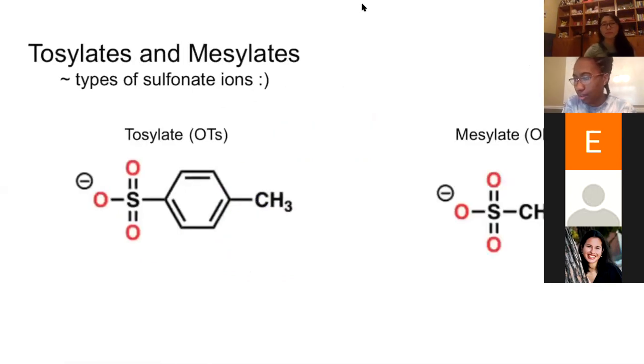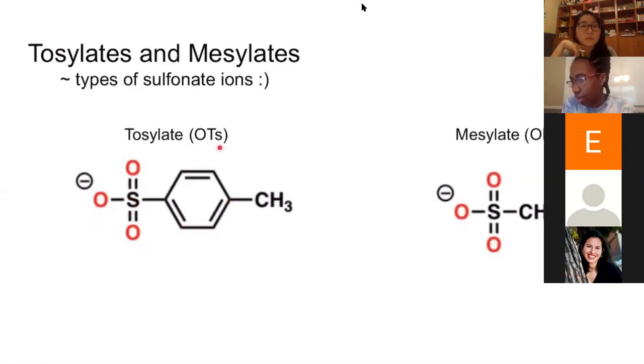So now that we've talked about our first type of getting rid of alcohol reactions, we can talk about 2 different groups called tosylates and mesylates that are involved in tosylation and mesylation. So over here we have tosylate. It's important that you're able to draw out the full group for tosylate with the benzene in the middle and the methyl, and yes, they are types of sulfate ions.